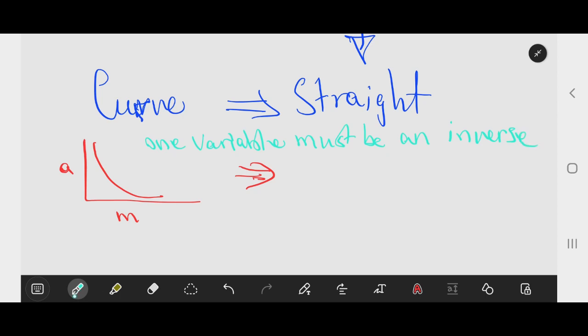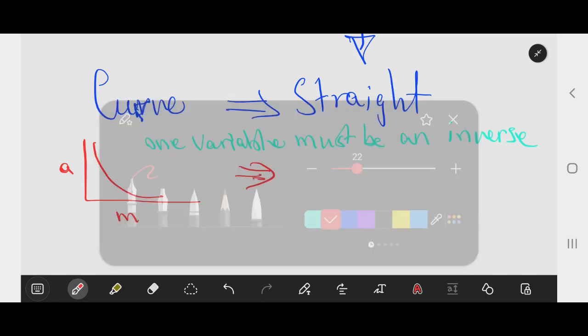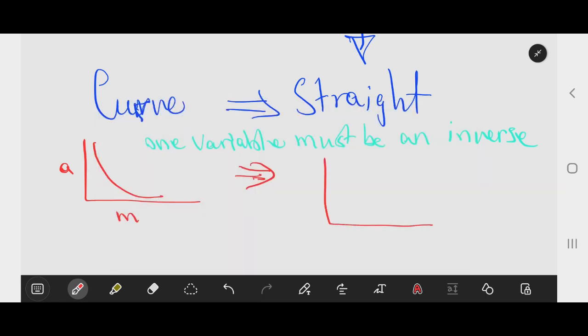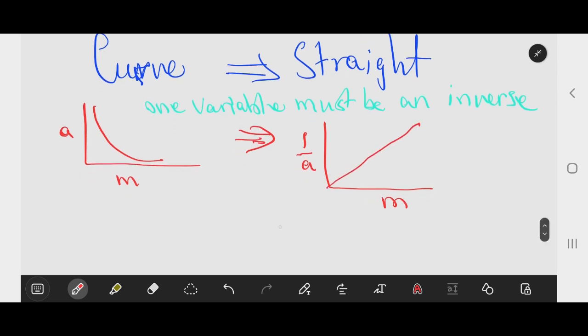So for example, we can make acceleration the inverse. That would be 1 over a versus mass of the object. Then now we can obtain a straight line graph, right?